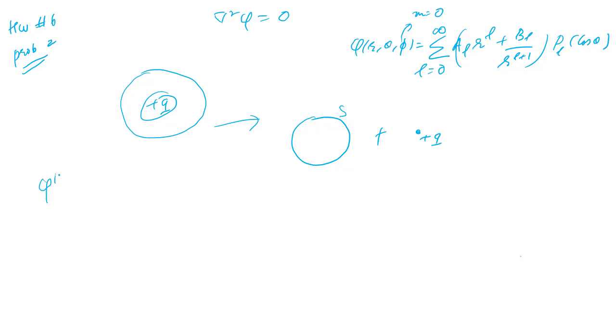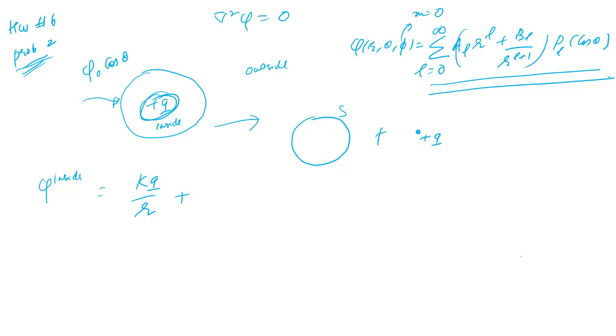If you look at the potential inside and outside, in homework 6, problem number 2, the surface potential is maintained at phi 0 cosine theta. So phi inside has the potential from this charge, kq by r, plus the generalized solution.